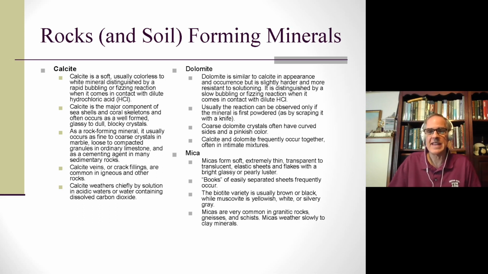They can be inside, in caves and whatnot, where water runs over them, and water mixed with acid dissolves the rocks and creates the sinkholes which we have, and some of the very erratic topography that we see in this area. Dolomite is similar to calcite in appearance, but it is more resistant to being dissolved. It's not as likely to form this karst topography.